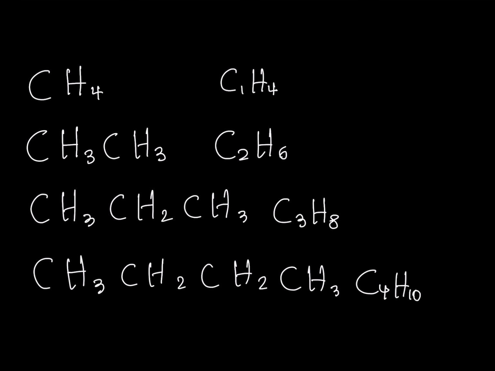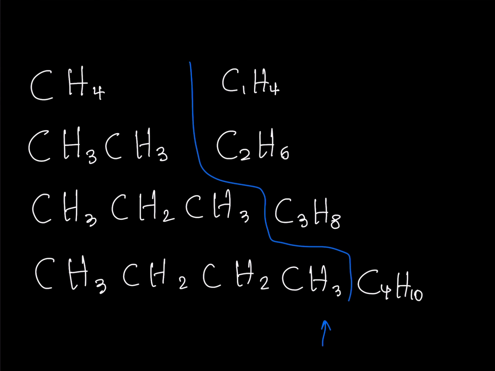Now in this case, as we move down, we are going to have a heavier molecule because we have more atoms of each type, both carbon and hydrogen. So we already know that this butane on the bottom is going to be heavier in terms of its molar mass than all the other ones. So therefore, it's going to have the higher boiling point.